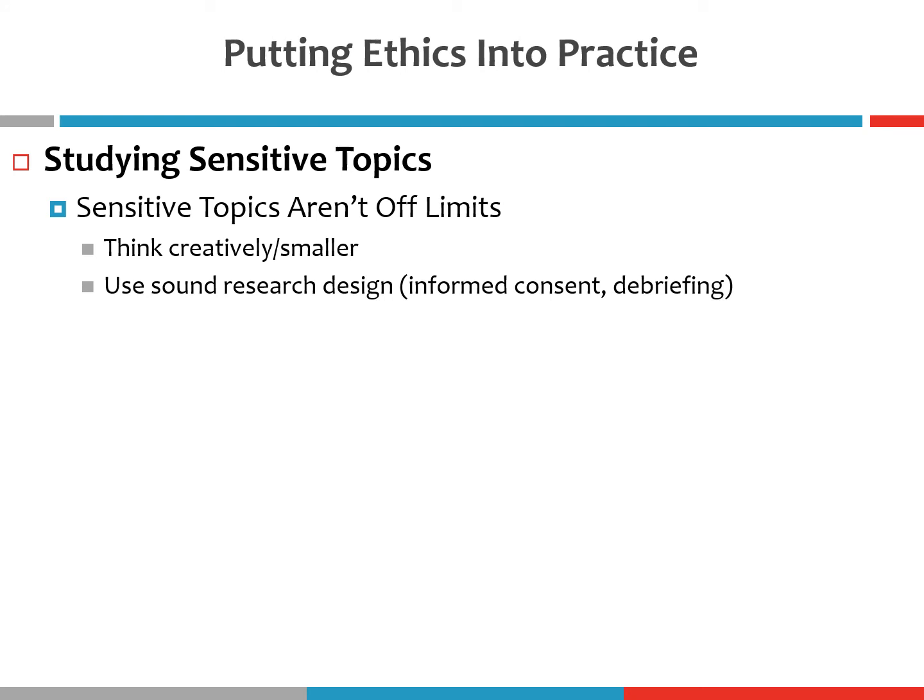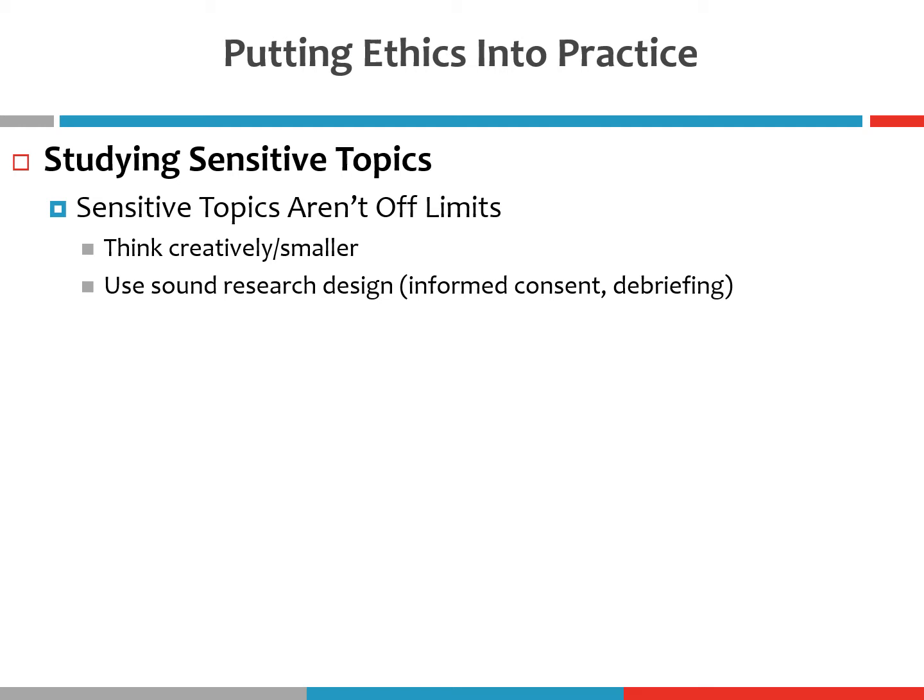Okay, so two of the things we have to consider when we're studying sensitive topics is, again, we have to define them sort of creatively and also make sure to use kind of the tenets of sound research design. So things like informed consent and debriefing. Obviously with the Tuskegee syphilis study, we saw what happened when there wasn't informed consent.